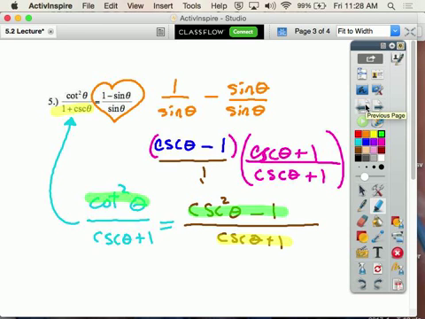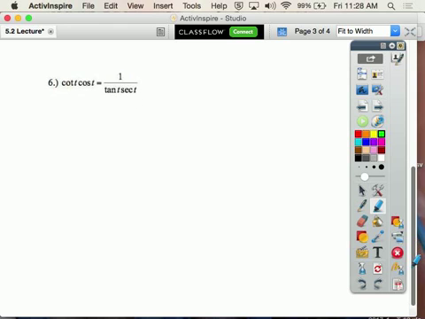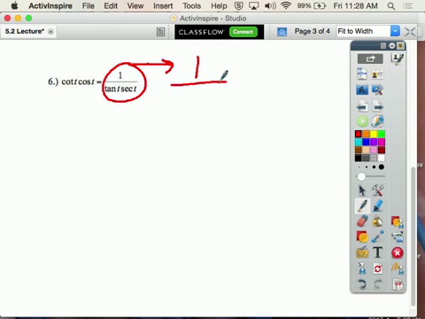So this last one that I'm going to do with you today, I'm also going to do from the right-hand side. It's number 6. And as I look at this thing, I'm going to take this stuff and rewrite it as 1 over the tangent of t, now the fourth variable we've used for an angle measurement: x, u, theta, and now t, times 1 over the secant of t.